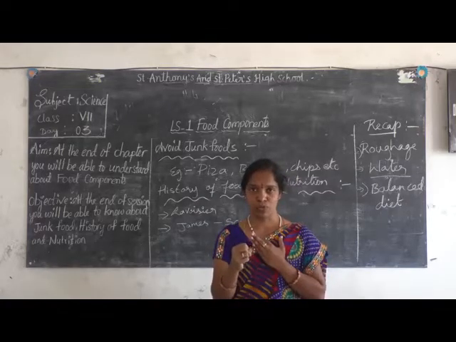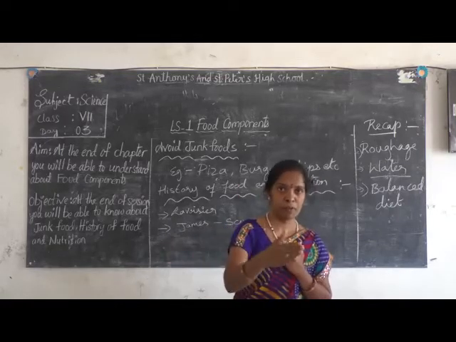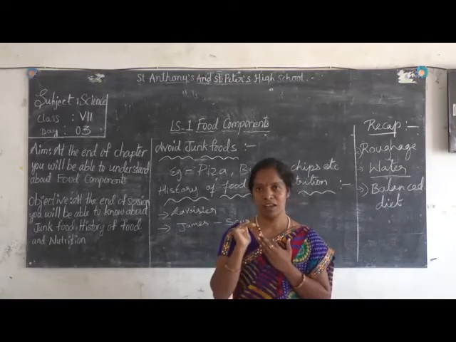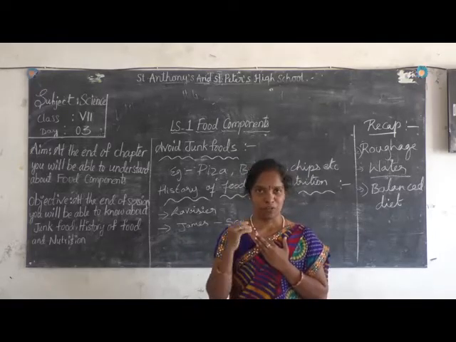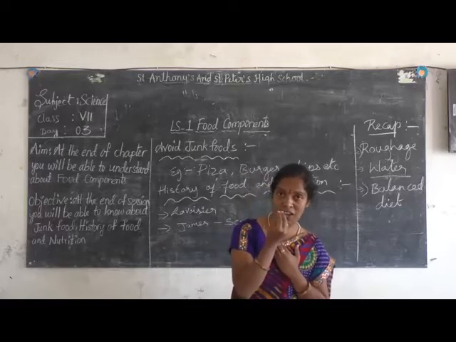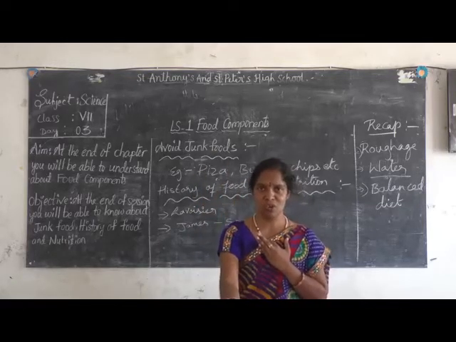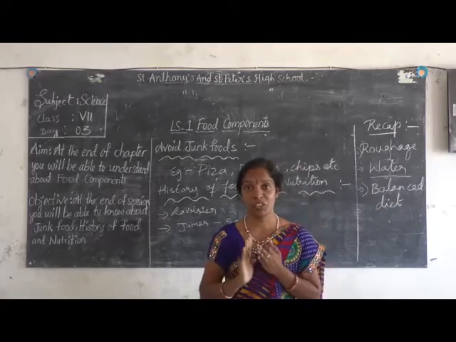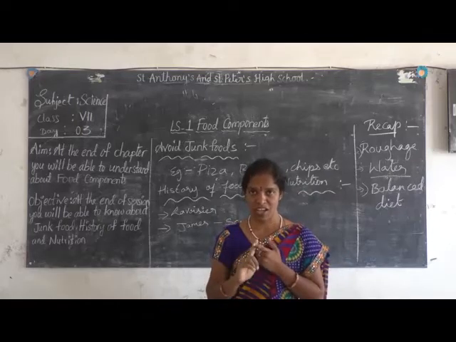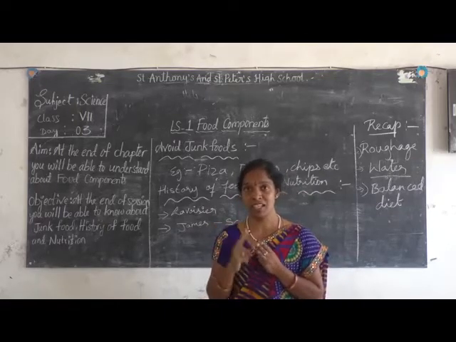Suppose on a bike or a car you are passing in front of a Manchuria or noodles stall. By seeing it you are attracted, by the smell you are attracted, and if you have already tasted it, you know the taste also. So you are attracted because of these 3 reasons: color, smell and taste.